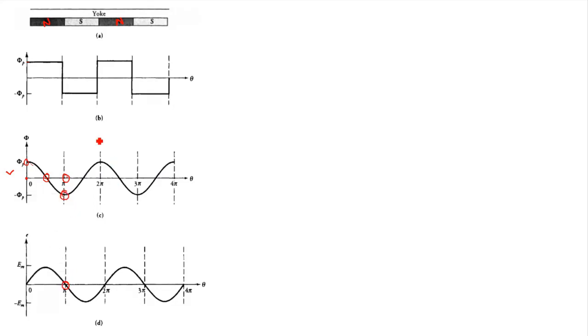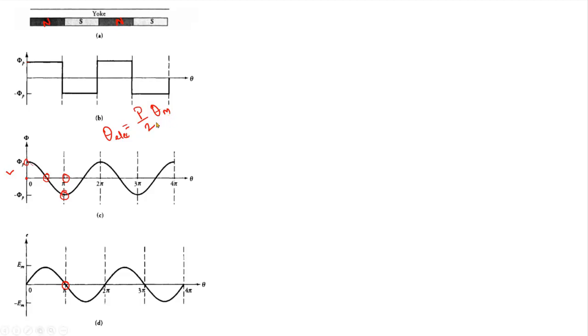So for your 4-pole machine, what is happening? Theta electrical is becoming equal to P by 2 times theta m. That means the number of pairs of poles times the mechanical angle it is traveling.